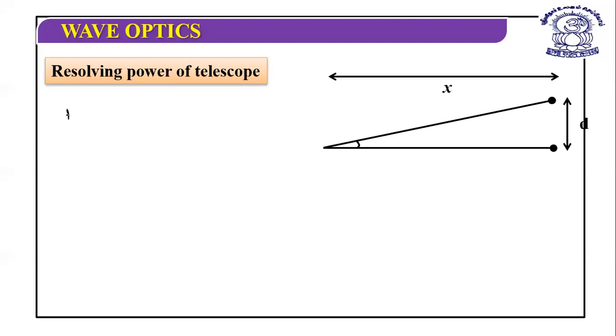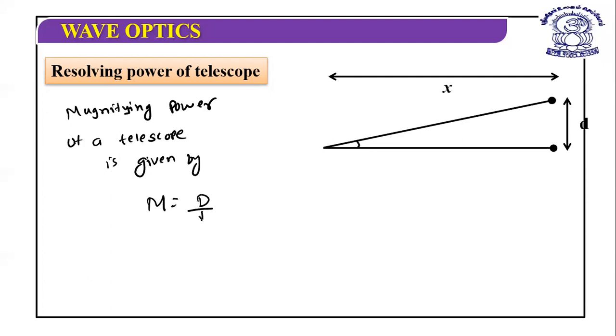The magnifying power of a telescope is given by m is equal to capital D by small d, where capital D is the diameter of entrance pupil and small d is the diameter of exit pupil.